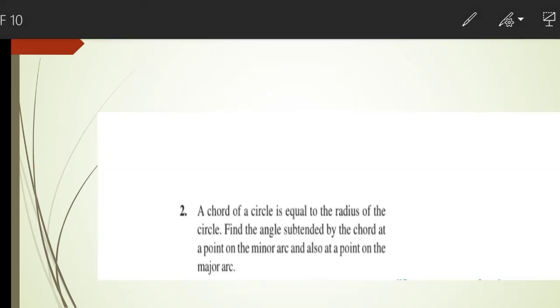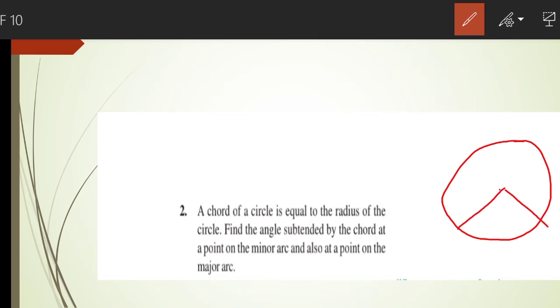Next sum. Here we do not have a diagram, so we need to draw the diagram along with the question when we are writing the answer. A chord of a circle is equal to the radius of the circle. So we have a circle and this circle has a center O. The chord is equal to its radius.